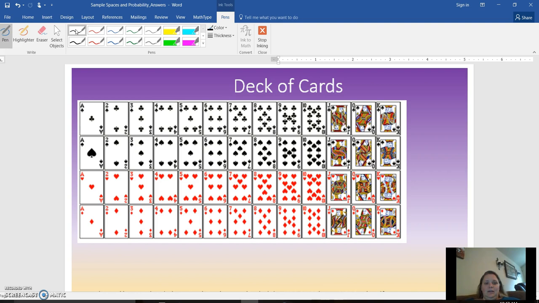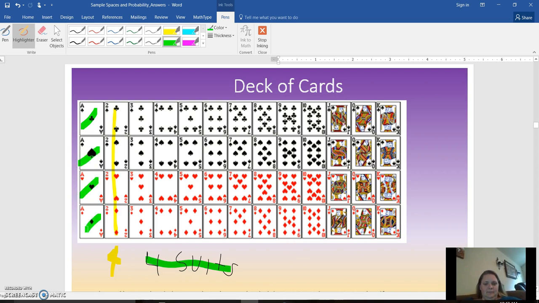All right, if you have no clue about a deck of cards, it's going to be confusing because a lot of the problems we're going to do involve a deck of cards. So here's what a deck of cards looks like. Notice that every number, there's 4 of them. There are 4 suits: clubs, spades, hearts, diamonds. Then there are face cards.